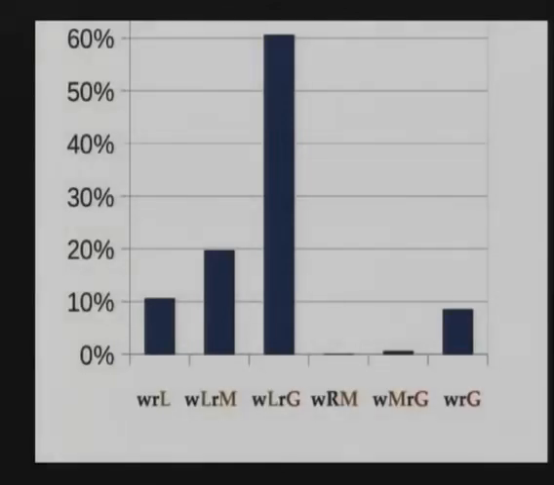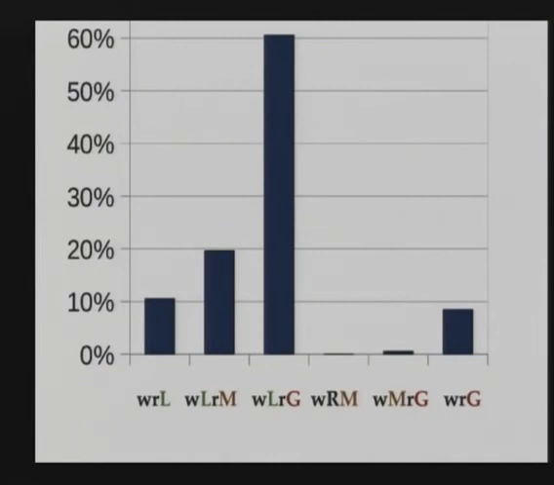That's the only thing they do. The graph shows that this 10% is perfectly safe and harmless. And then at the other end, 10% is reading and writing global data.